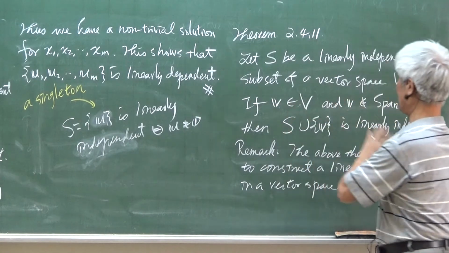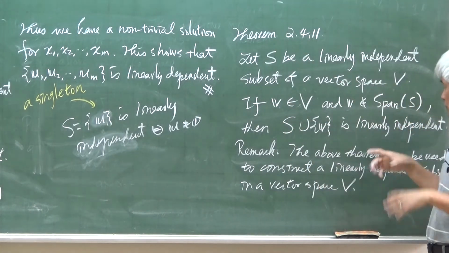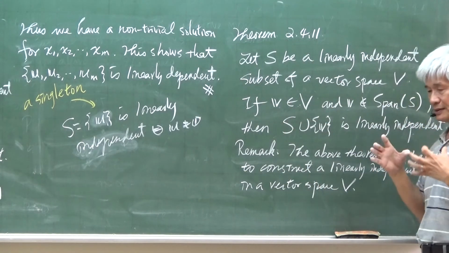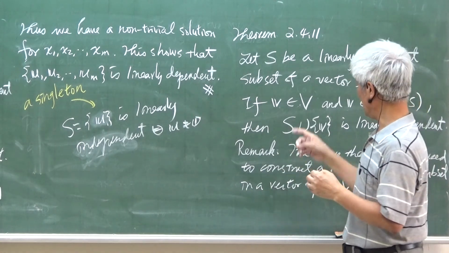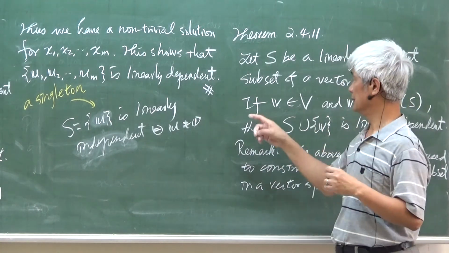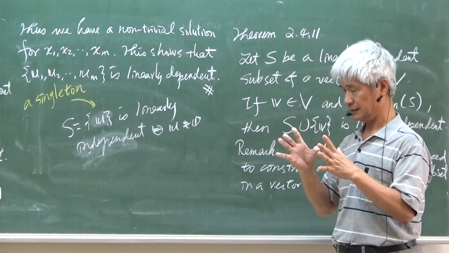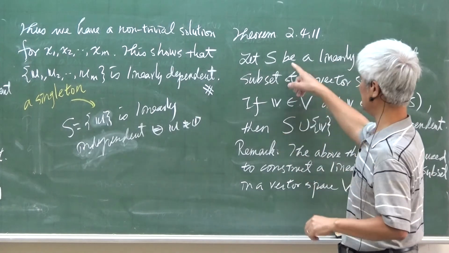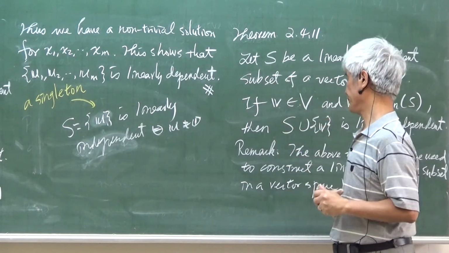So I can start, because I want to construct a linearly independent subset. First of all, I pick up a non-zero vector, so initially the set consists of one vector.